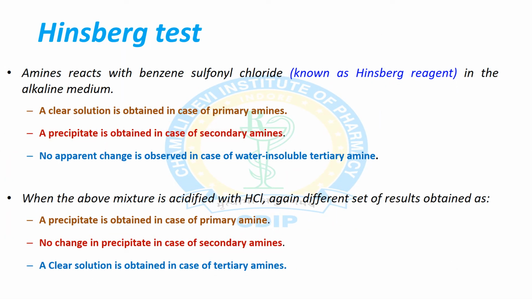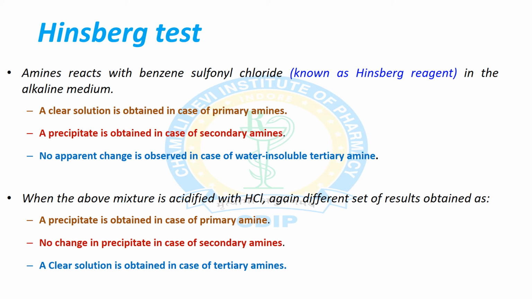The next test is the Hinsberg test. Amines react with benzene sulfonyl chloride, which is known as Hinsberg reagent, in an alkaline medium, and different amines react differently. For example, when primary amines react with benzene sulfonyl chloride, a clear solution is obtained. When secondary amines react with benzene sulfonyl chloride in the alkaline medium, a precipitate forms. And when water insoluble tertiary amines react with benzene sulfonyl chloride in alkaline medium, no apparent change is observed.